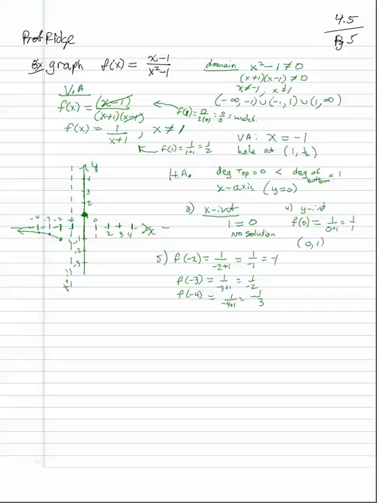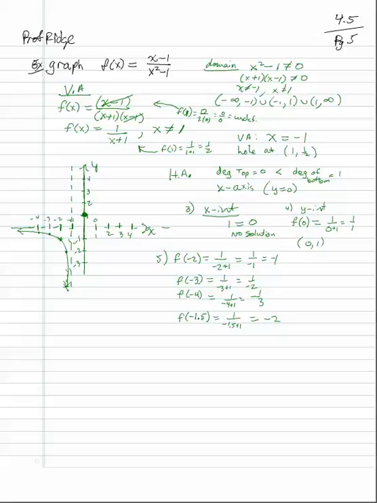Now as we approach x equals -1 from the left side, if I did f of -1.5, for instance, and plug that into my calculator, I get -2. And you should see that that's going to go to -infinity, and you can keep plugging more numbers in.